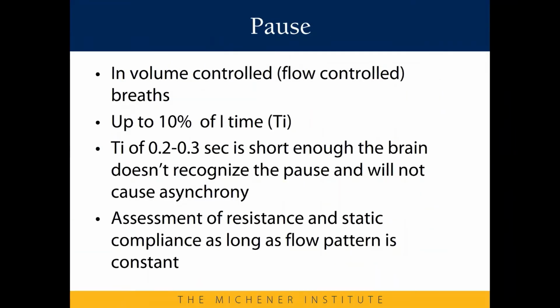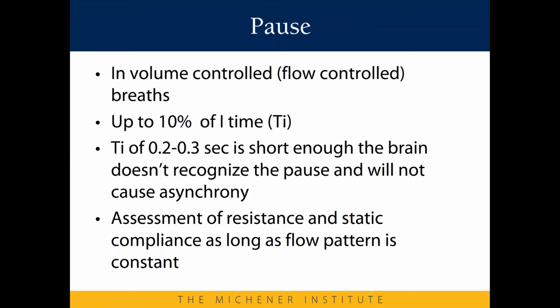Okay, and as I mentioned, in volume control, it's a flow controlled breath. So depending on your ventilator, for flow controlled, you either set a peak flow rate or an I time. And when we talk about our inspiratory pauses to do a plateau pressure, we don't want to set those higher than 10% of our I time.